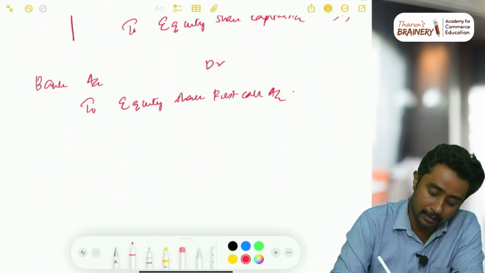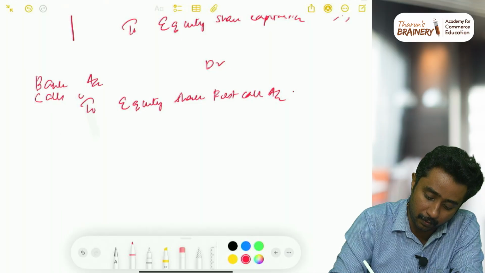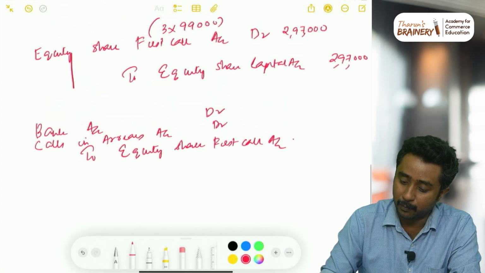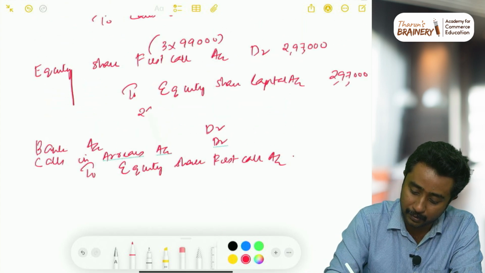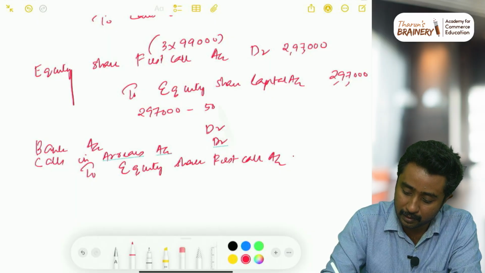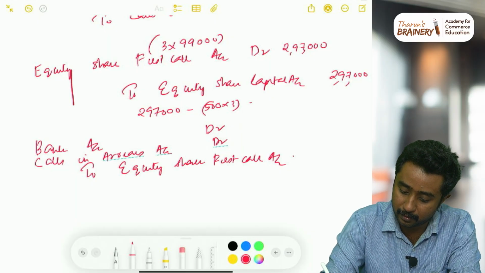So obviously in this case also we can open an account called calls in arrears account to record the amount that is not paid by Suresh. So actually we are supposed to receive 2,97,000, but Suresh's 500 into 3 rupees we are not receiving.